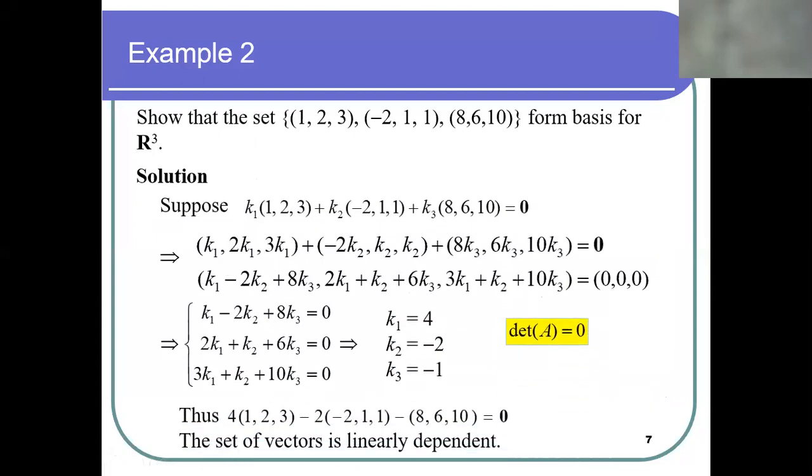So if you look over here, you have to check whether it is linearly independent with the help of the determinant. If you take the determinant of this matrix, the determinant will be 0. In that case, the vectors are not linearly independent.